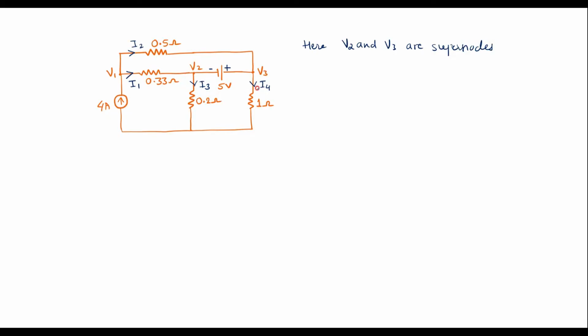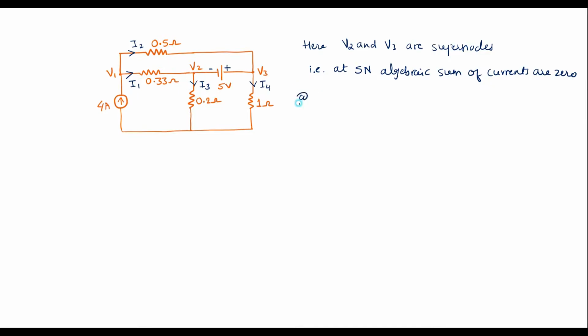As we know, in super nodes the algebraic sum of currents is 0. That is, at super nodes the algebraic sum of currents is 0. So here at node V2, let me see the currents.